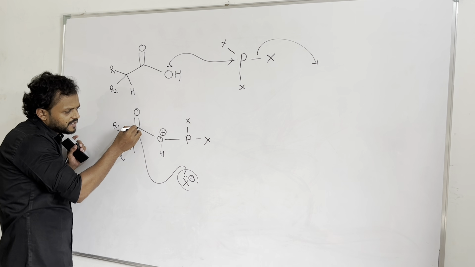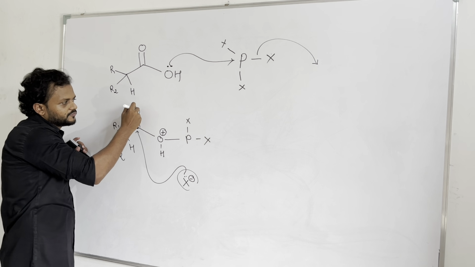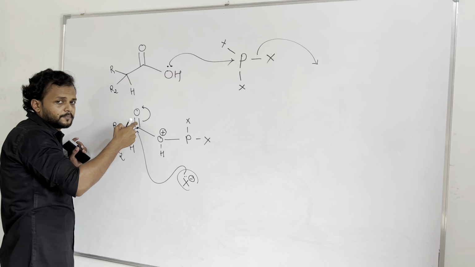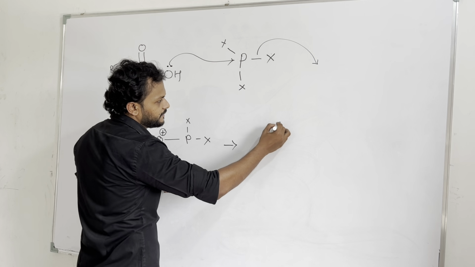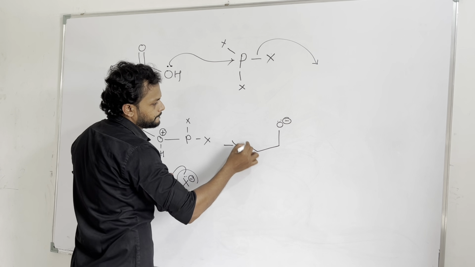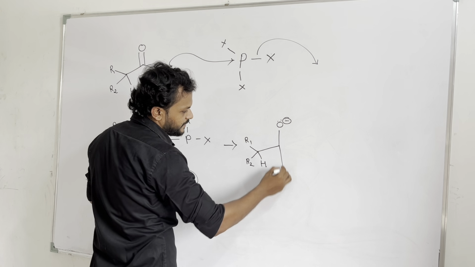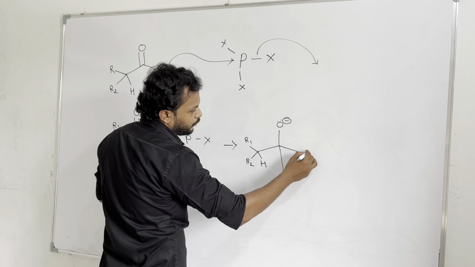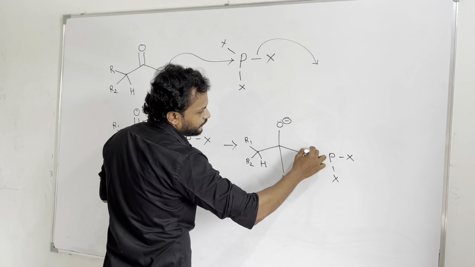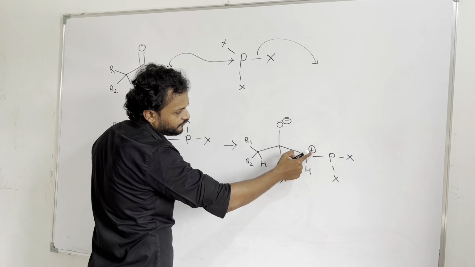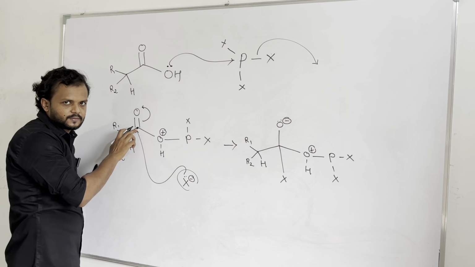At the same time, this carbon is being unstable with 5 valency, and to stabilize that, this oxygen is going to accommodate this pi bond in the form of a lone pair and will have O minus, with R1, R2, H, a new bond with that halogen, and OPX2, where one oxygen is negative and one is positive. We have added this halogen to this carbon.